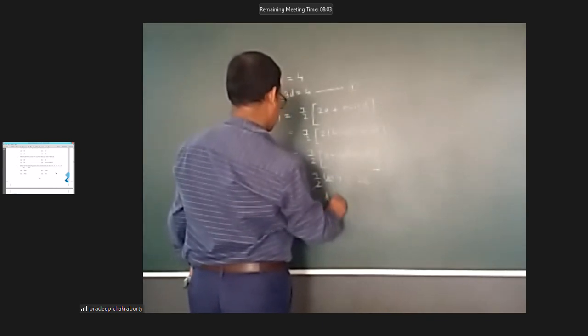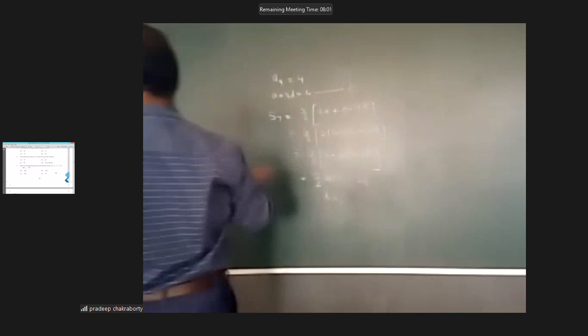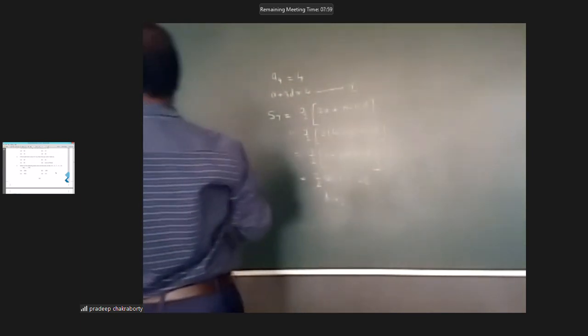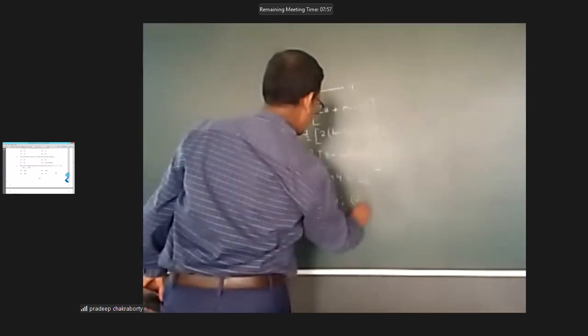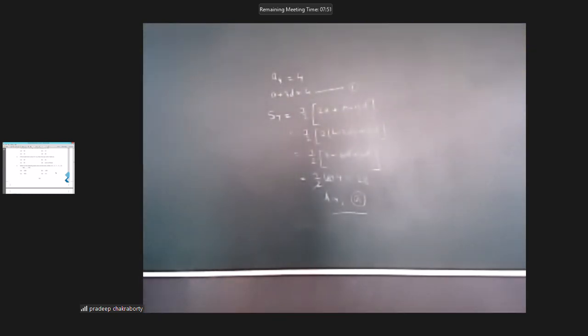I was also thinking how d got cancelled without d. Because d cancels, the answer comes easily; otherwise it would not. That is why the question is given like this. The sum of the 7 terms is 28, found without d.